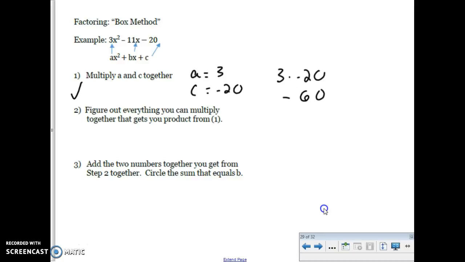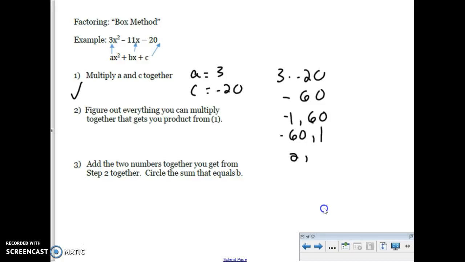Step 2, we want to figure out everything you can multiply together that gets you the product from step 1. So let's think about everything that I can multiply that gets me negative 60. I got 1 and 60, negative 1 and 60.